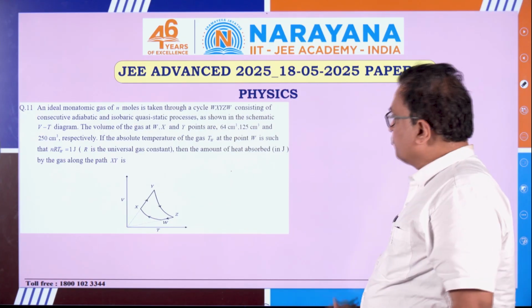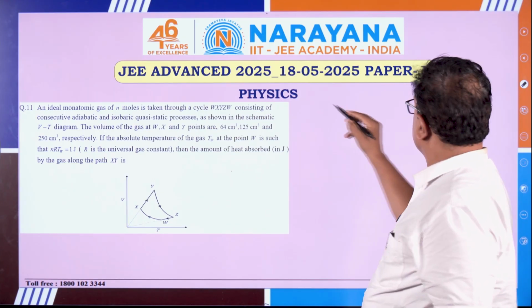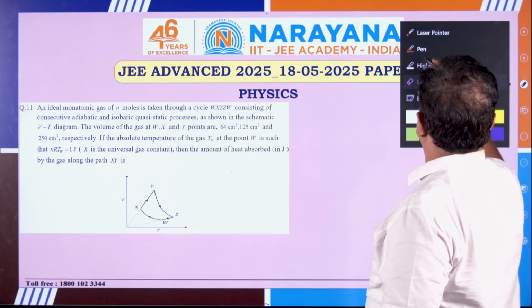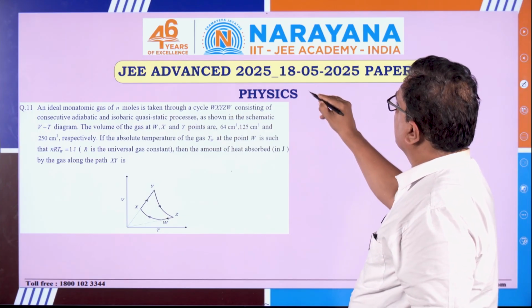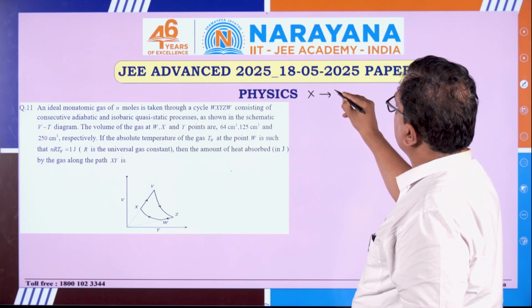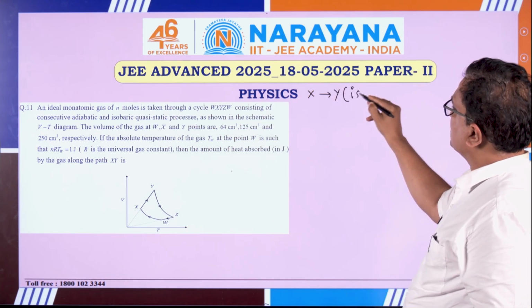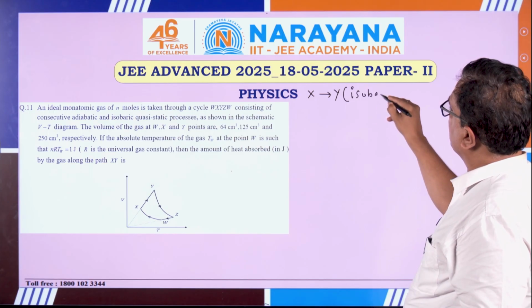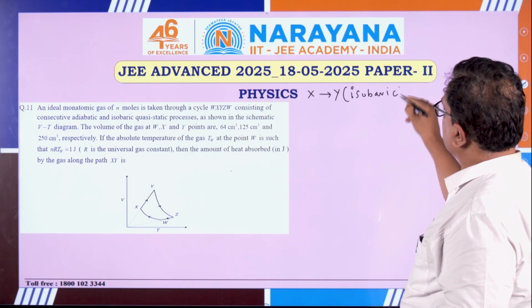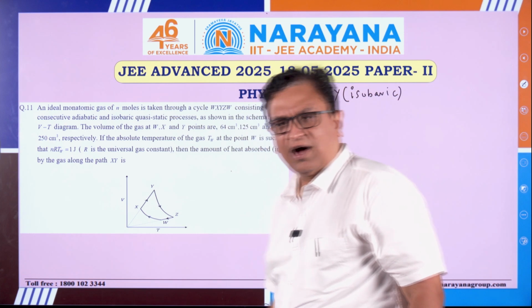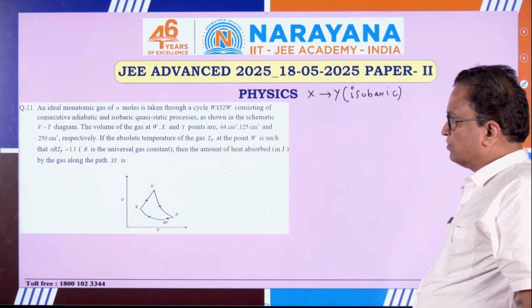Any process from x to y is isobaric, pressure constant, because the line is passing through the origin.